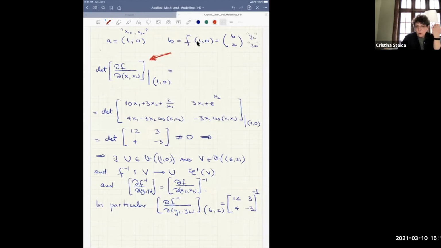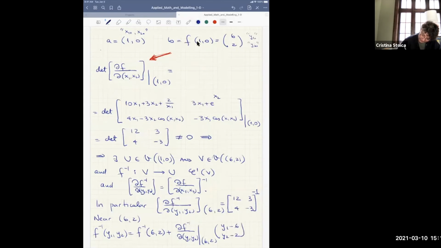We're going to say, okay, so what? Well, here is so what. So near (6, 2), we have the following formula. F^-1 at (y1, y2) is approximately F^-1 at (6, 2) plus the derivative of F^-1 at (6, 2) times (y1 minus 6, y2 minus 2).